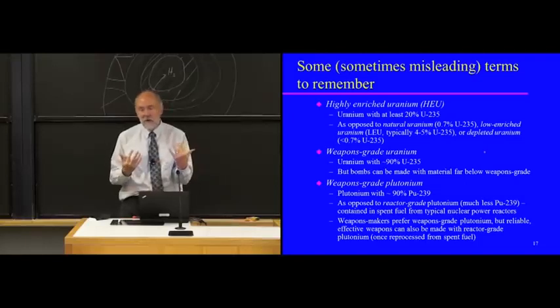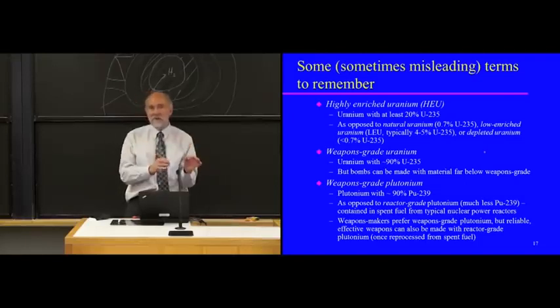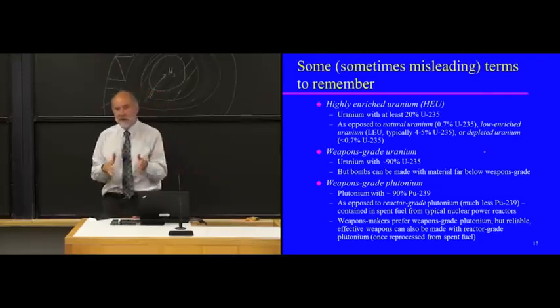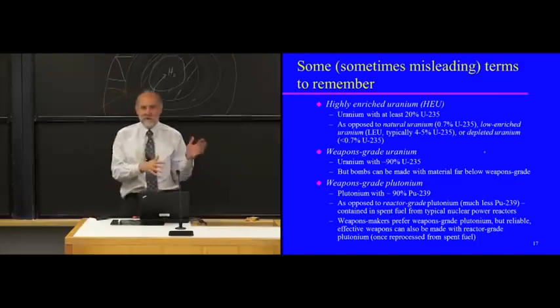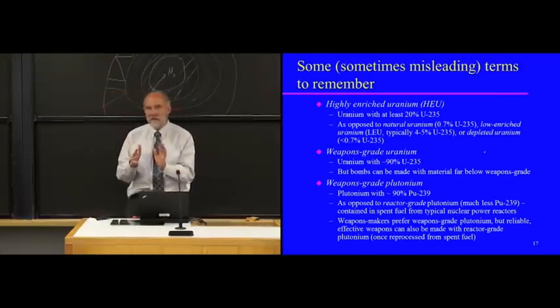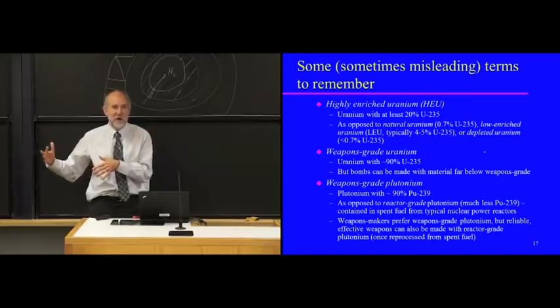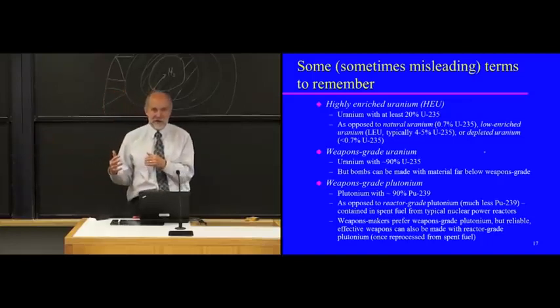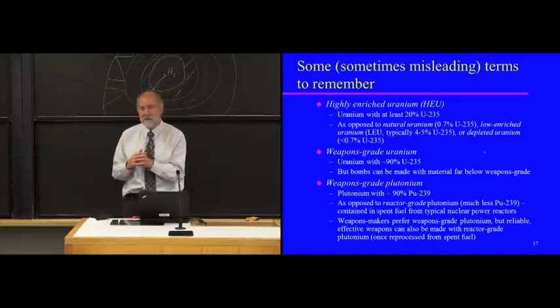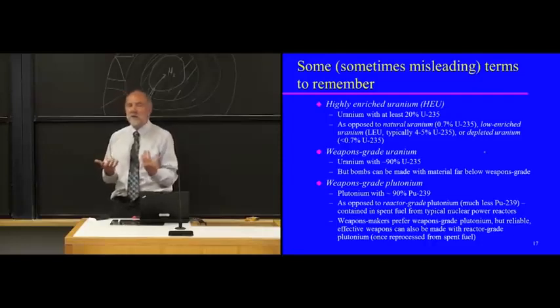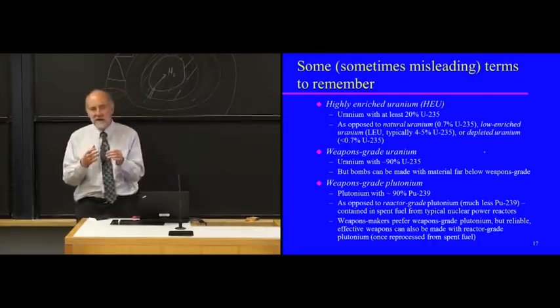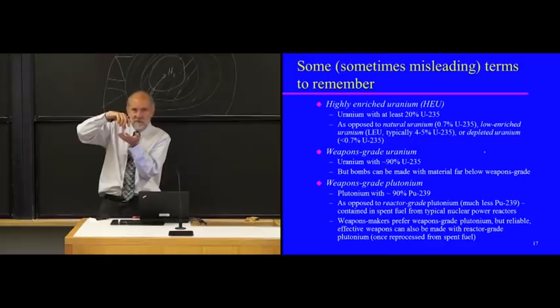All right, so similarly, weapons grade plutonium, again, a little bit different depending on where you are, but typically 93% or more plutonium-239, which is the isotope you want. Why is plutonium-239 the isotope you want? It turns out if the material absorbs one more neutron, then it turns into plutonium-240.